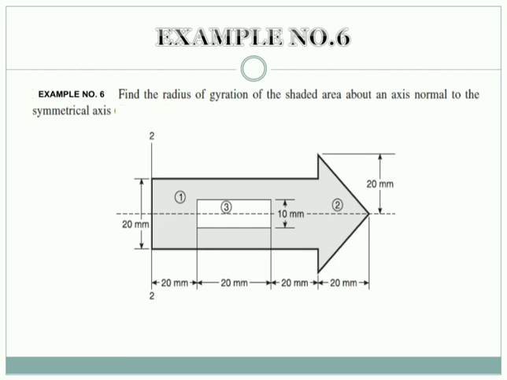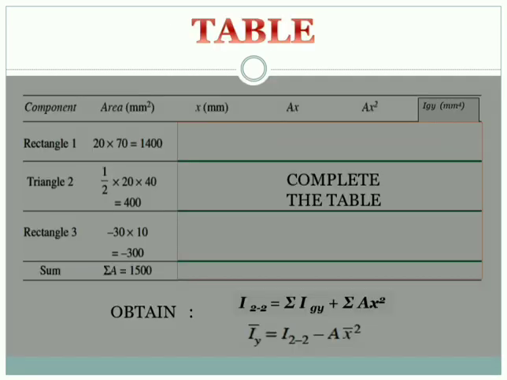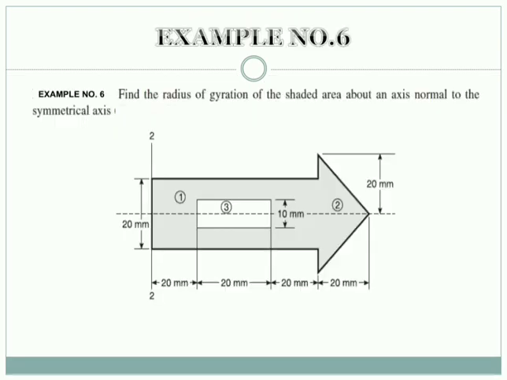Firstly, up to where you can do is up to Iyy you can find. The difference in this example is that in previous examples we had a horizontal reference, whereas here we have a vertical reference first. Then second, we have been asked to find the radius of gyration of the shaded area about an axis normal to the symmetrical axis.